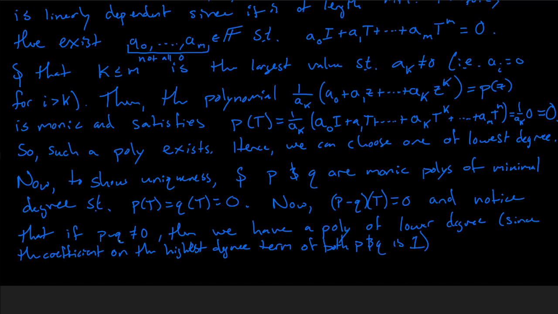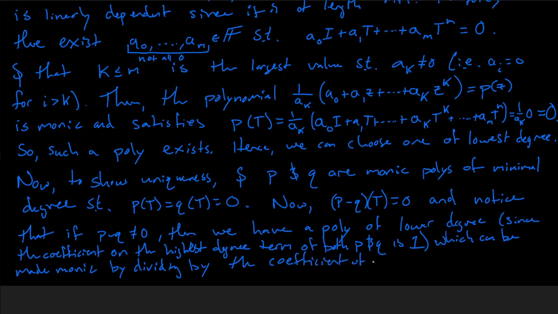So take p minus q. Both of them have a coefficient of 1 on their term of highest degree, which is the same degree, and so you get rid of that one. So we get something of lower degree, which can be made monic by dividing by the coefficient of the highest power of z in it.